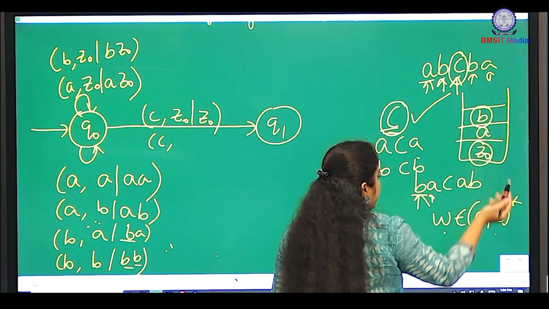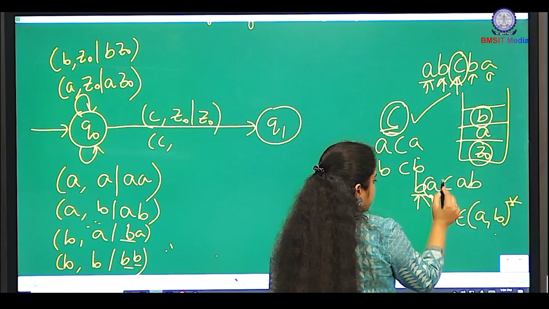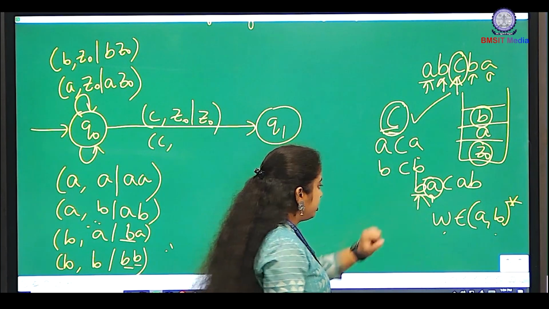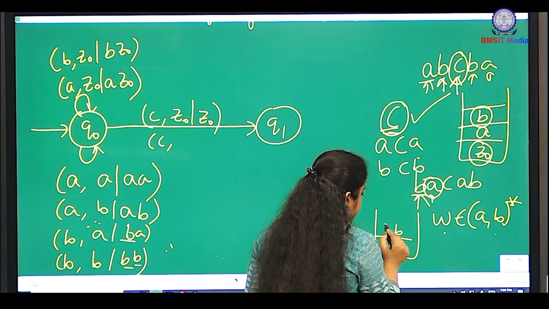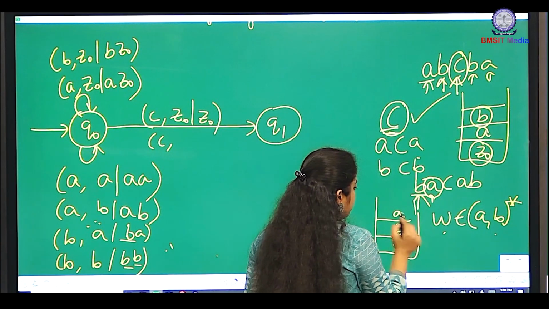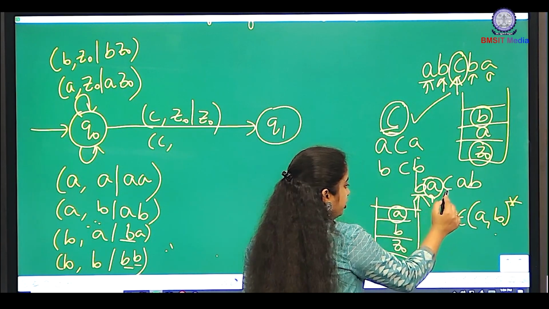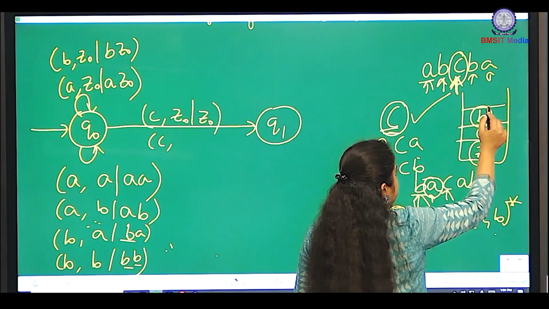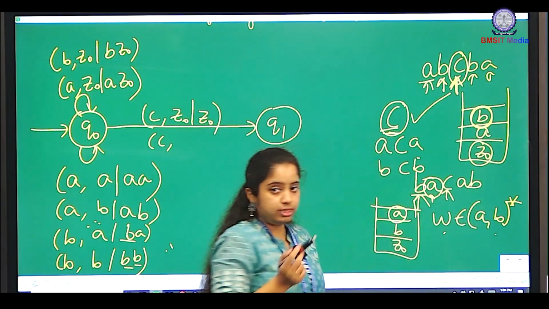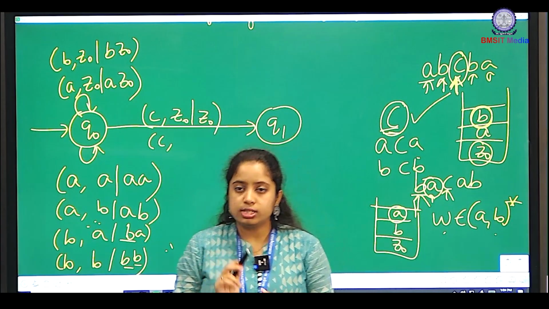and B, or you can have A in the stack. In this particular example, if you see Z0, B is pushed, A is pushed. The top stack element is A when you encounter C. And in this example, when you encounter C, top stack element is B. So, you can either have A, B or Z0.